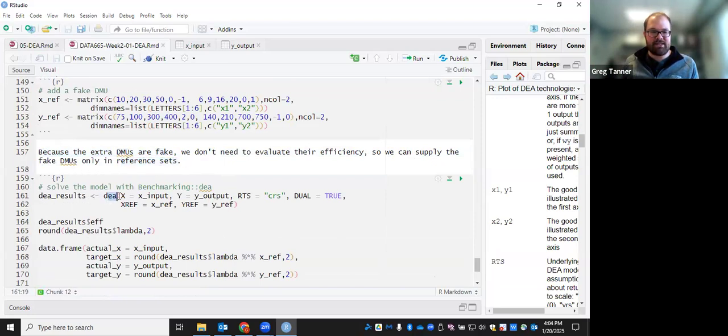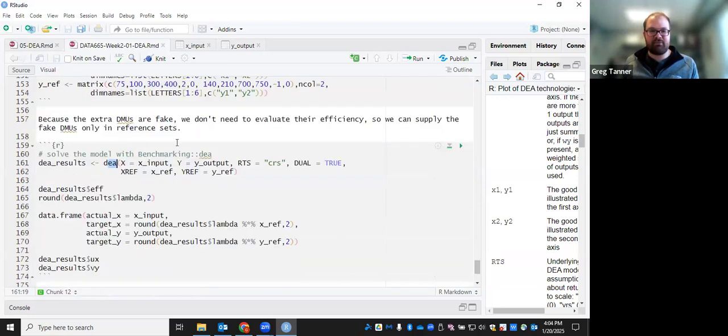So in the DEA command from benchmarking, we can give it inputs and outputs of the DMUs that we want to evaluate, but we can also give it inputs and outputs for DMUs that we're going to use to evaluate against. And so not every DMU that you're evaluating has to be in the reference set and vice versa. So these extra DMUs go just in the reference set, but don't need to be in the original set.